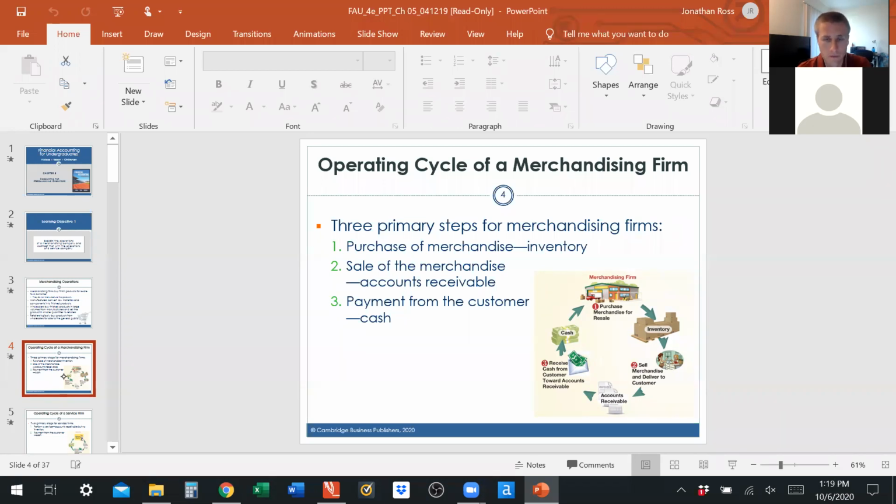And then the customer will pay off the account receivable, and the retailer will receive cash. So that's the operating cycle. Cash goes out to buy the inventory, and then cash comes in from the customer who bought the inventory from you. And that completes the operating cycle.